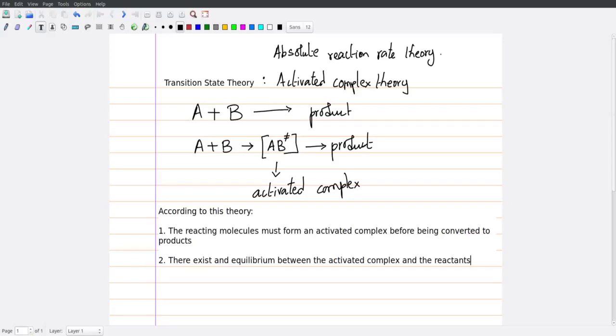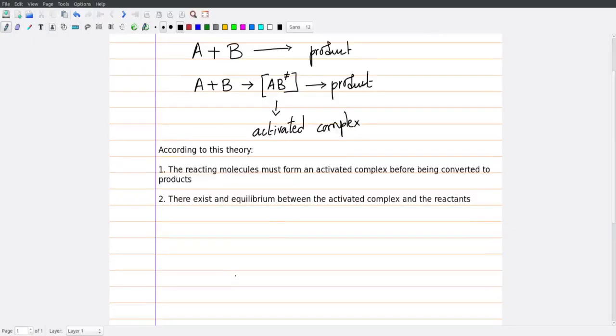So let's take an example. Let's draw the same reaction as we did above. You have A plus B, which are the reactants.